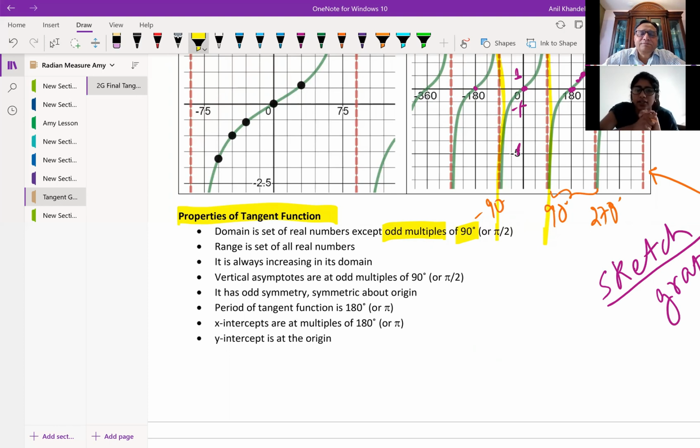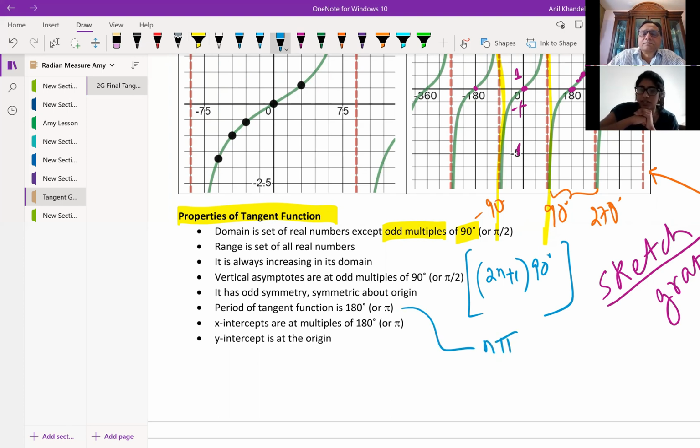The vertical asymptotes are at odd multiples of 90 degrees or pi over 2. It has an odd symmetry, or symmetric about the origin. And its period is 180 degrees or pi. X-intercepts are at multiples of 180 degrees or pi. And then the y-intercept is at the origin.